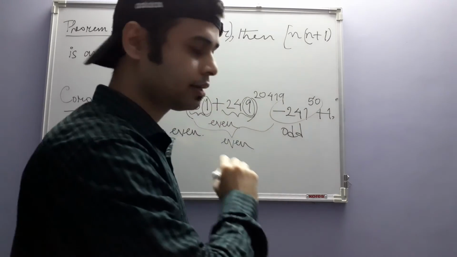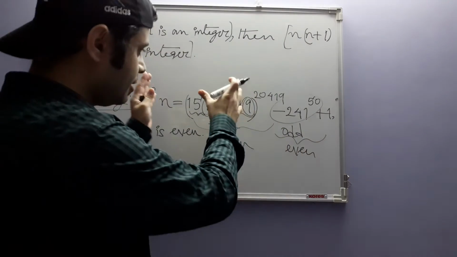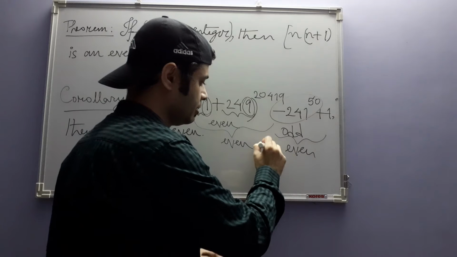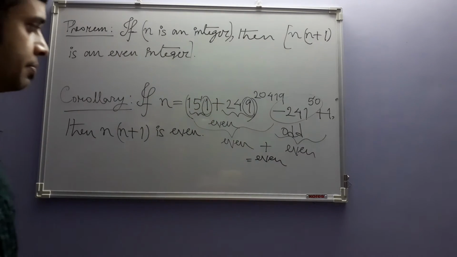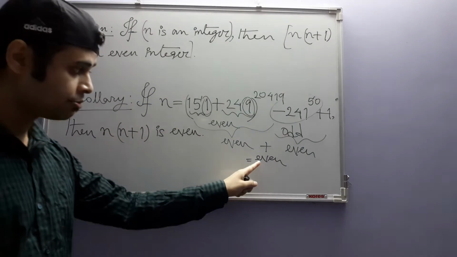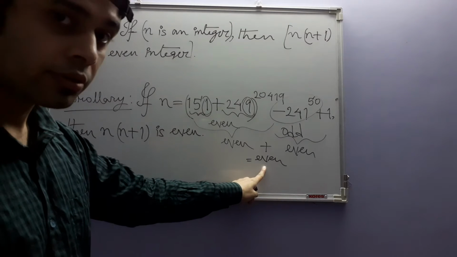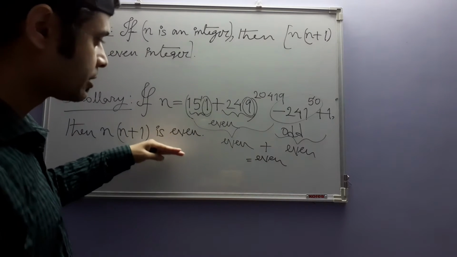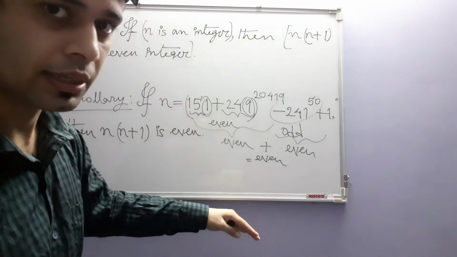Add 1 to that and this becomes even. Now we have even integer plus even integer. So that gives us even integer. So then you can carry out the proof. Now you know for sure that n is even. So you can carry out one or the other part of the proof where n is even.